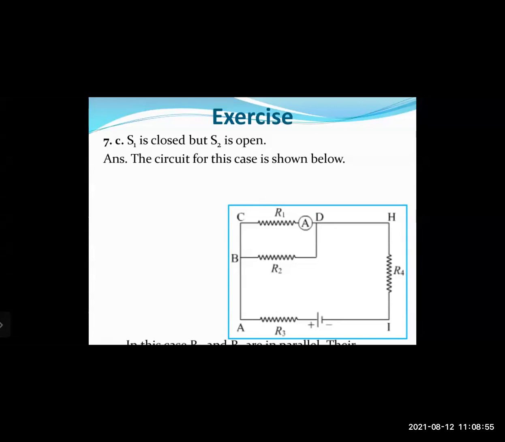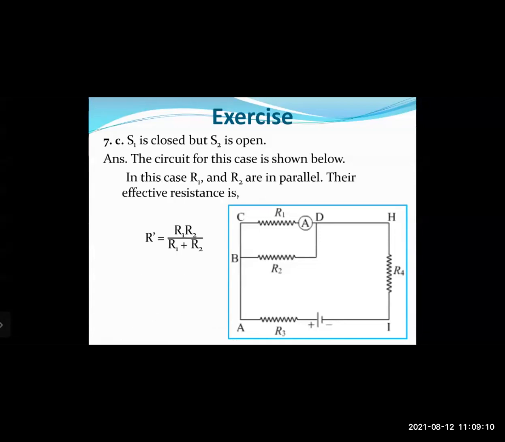Let us see what happens. R1 and R2 are in parallel. So the effective resistance is R dash, which is equal to R1 into R2 divided by R1 plus R2, that we had done in the first question.